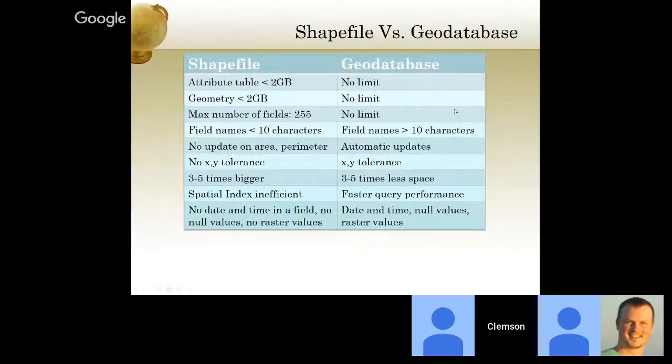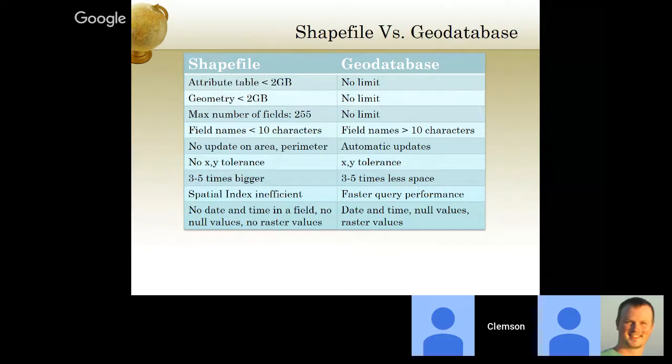Let's see, I'm going to go back to my presentation. I forgot a slide earlier, but talking again about our shapefiles versus geodatabases. So we've seen that a shapefile is this individual file, right? A collection of them that live together. We're limited in size to 2 gigabytes for the file size. The field names have to be less than 10 characters. They're larger on your hard drive than a file geodatabase will be for the same amount of information.